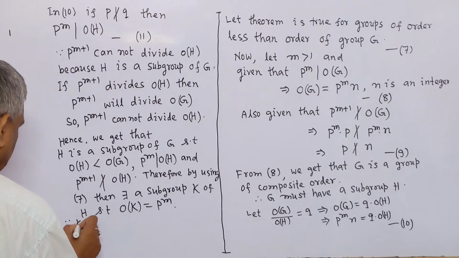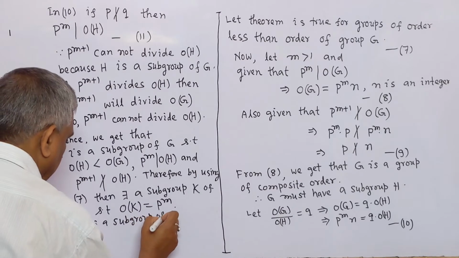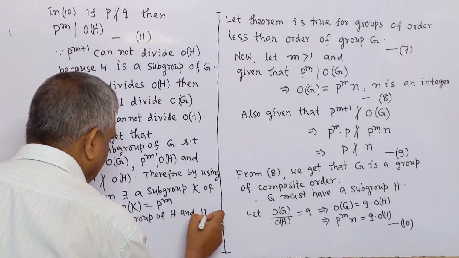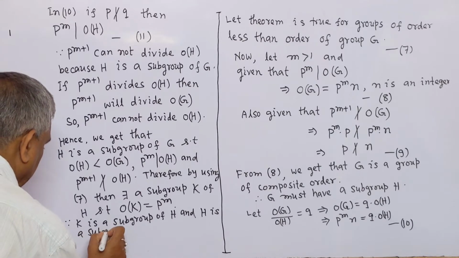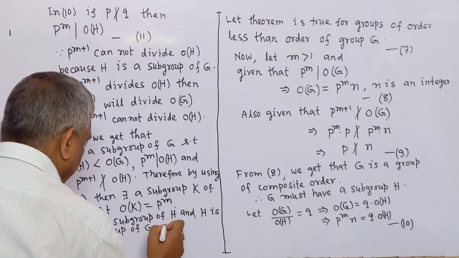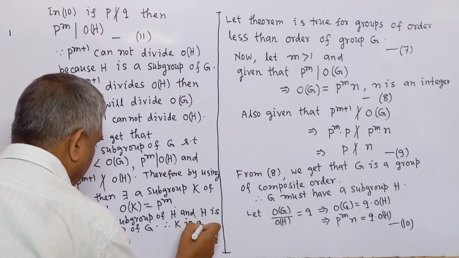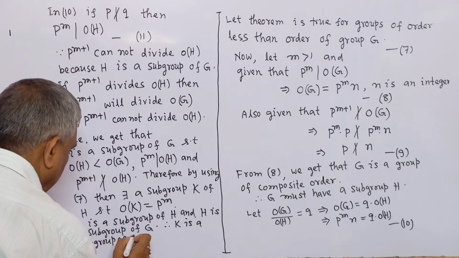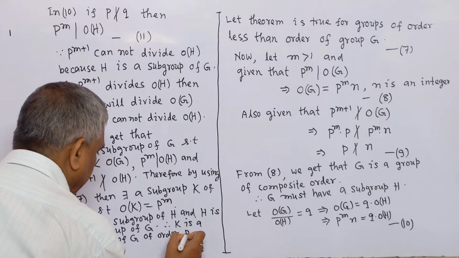Since K is a subgroup of H and H is a subgroup of G, therefore K is a subgroup of G of order P to the power m.